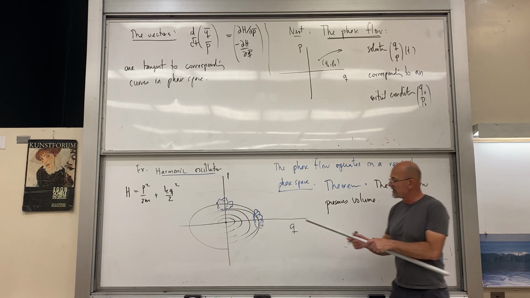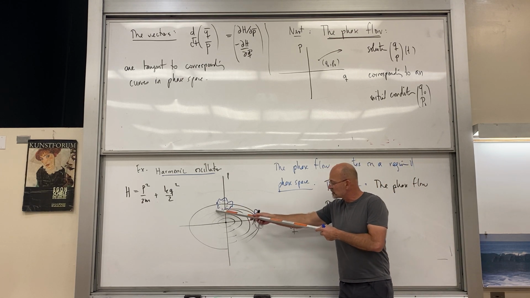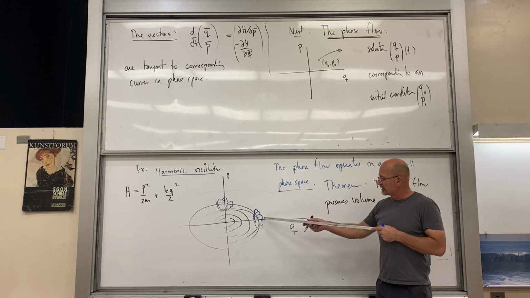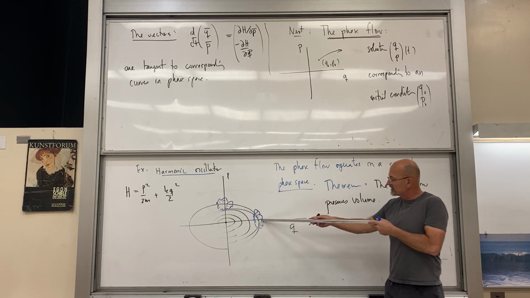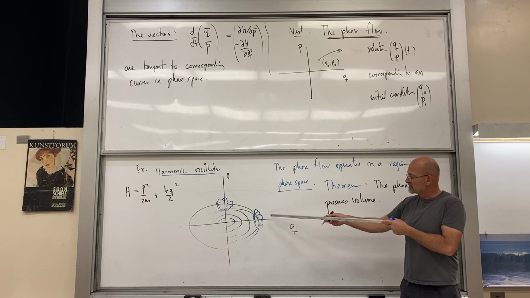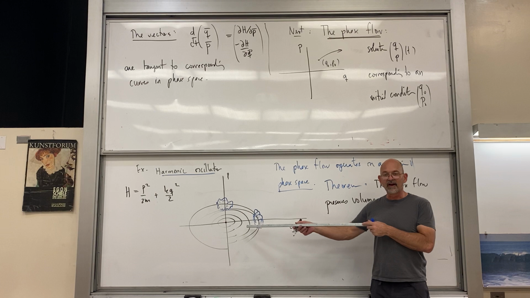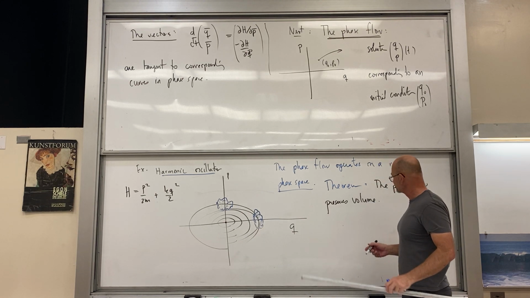Like I said, in my picture here, it means that as we carry this region around the harmonic oscillator phase portrait, the shape changes, but the volume, or in this picture the surface area, does not change.